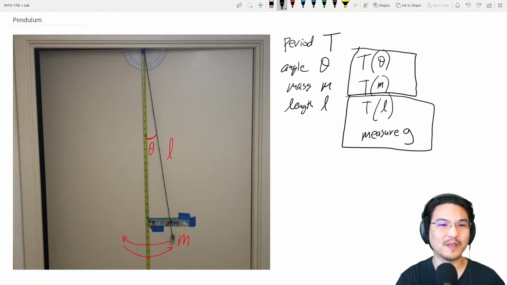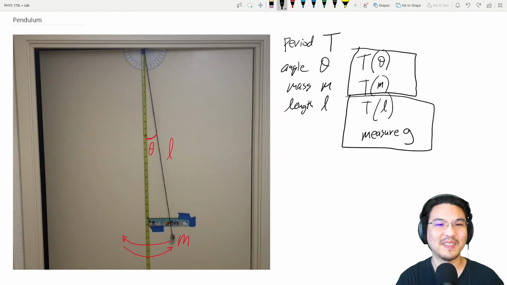Even the string, I think it would have been better to go with something like dental floss, because one, dental floss doesn't stretch very much, so that's good. And then it's low in mass, and it's really thin, so it doesn't introduce too much air drag.